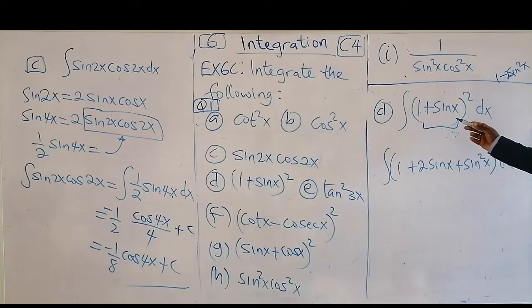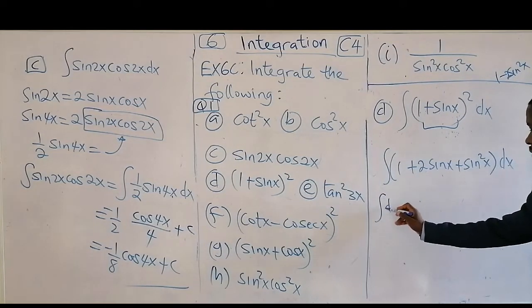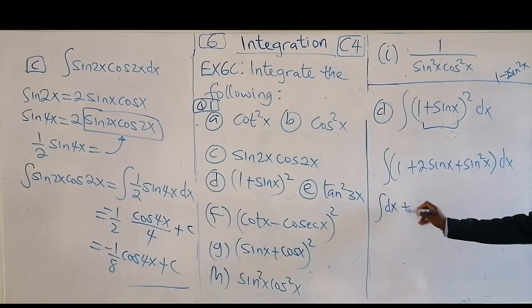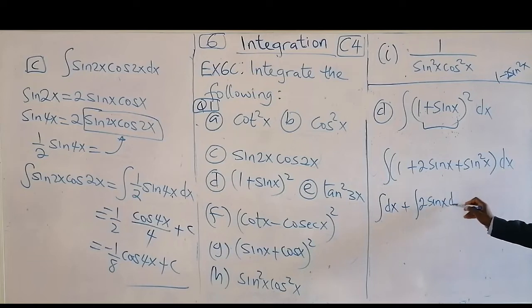Just do your expansion and you get this. This will be equal to the integral of 1 dx plus the integral of 2 sine x dx, and then plus the integral of sine squared x dx.